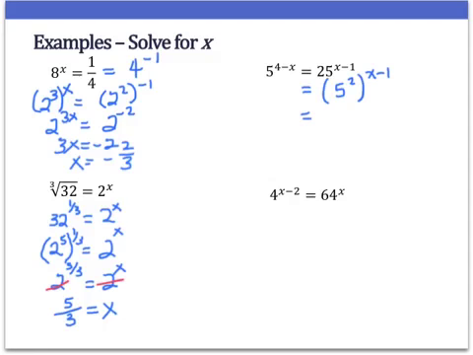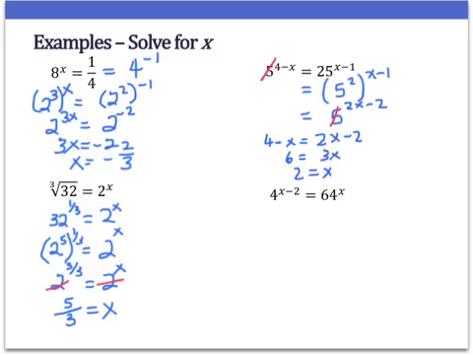And so we'll have 5 raised to the 2x minus 2. And we can cancel our like bases. And we will end up with 4 minus x equals 2x minus 2. And then we can solve for our x, which will give us 6 equals 3x. And so x is equal to 2.